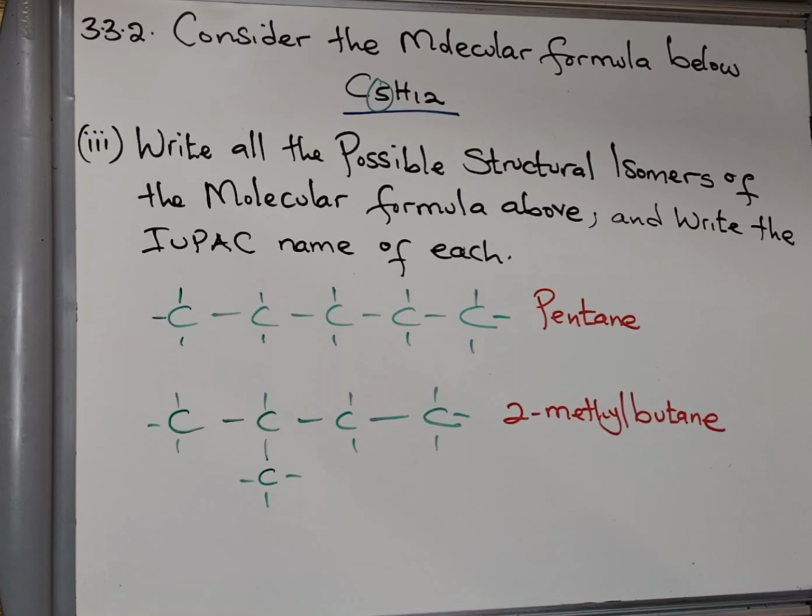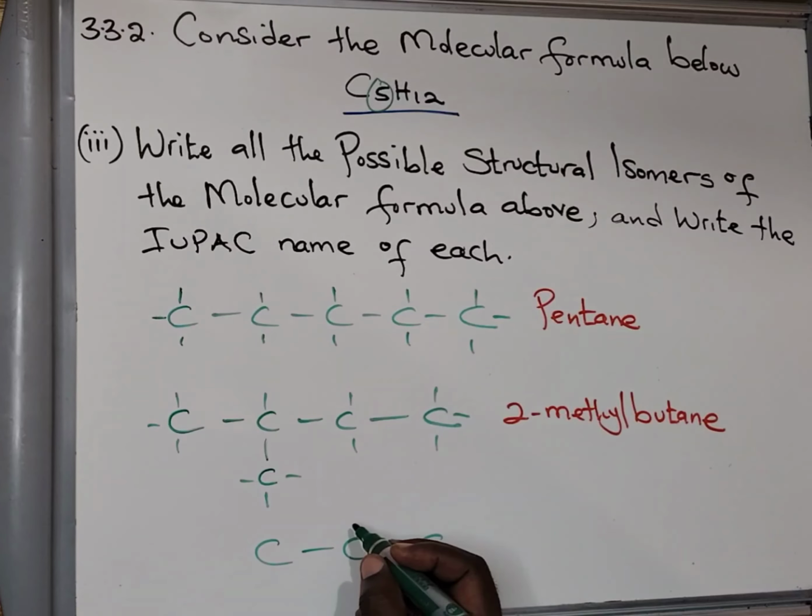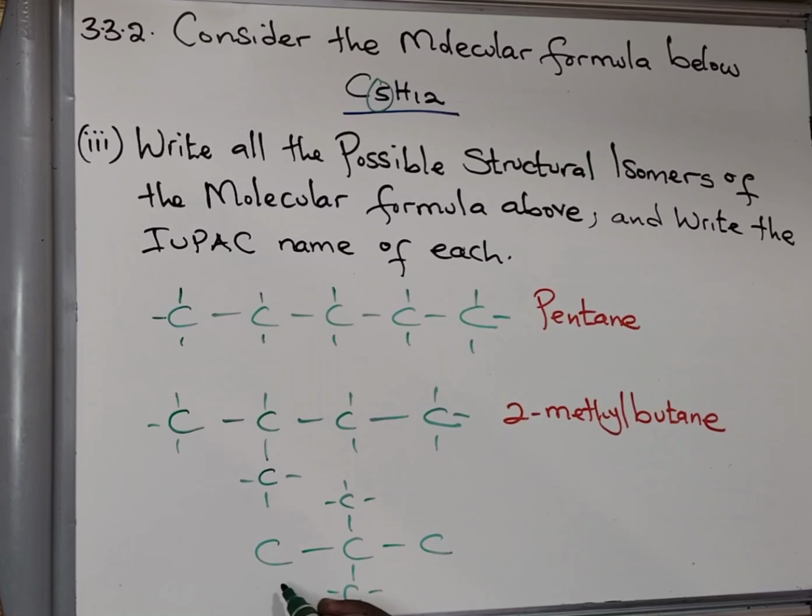Then we look at the last one. It can be 1, 2, 3. So remember there are 5 carbon atoms. We can have a branch here, and we can have a branch here. And this one has 1, is missing 3. And this one is missing 3.